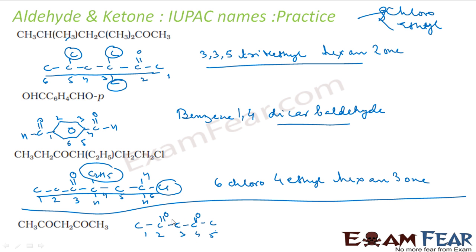Again, my ketone is the primary group. So let's start with this. It's 5 carbons, pent, all single bond, and at 2 and 4 I have a ketone. So I'll say pentane-2,4-dione.